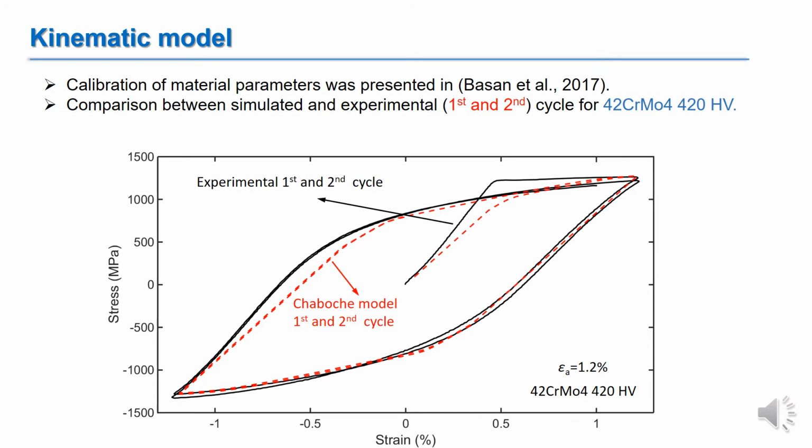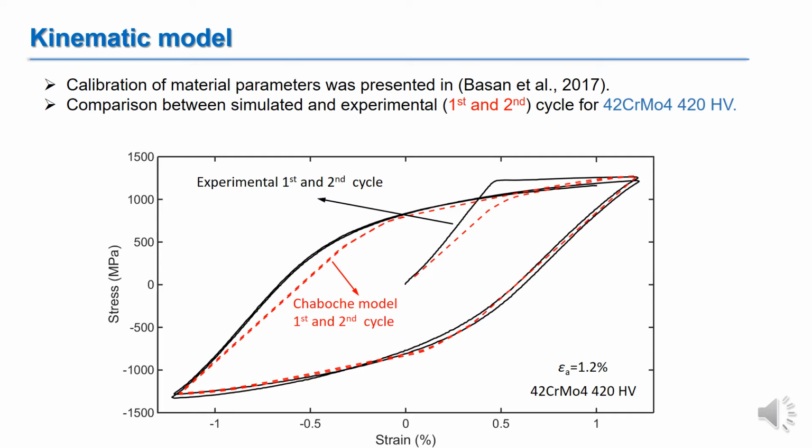Calibration of material parameters for the Chaboche and Voce isotropic model was presented in Bassan et al., published in 2017. Let's consider first only the kinematic material model and experimental data obtained for 420 HV and 1.2 strain amplitude.